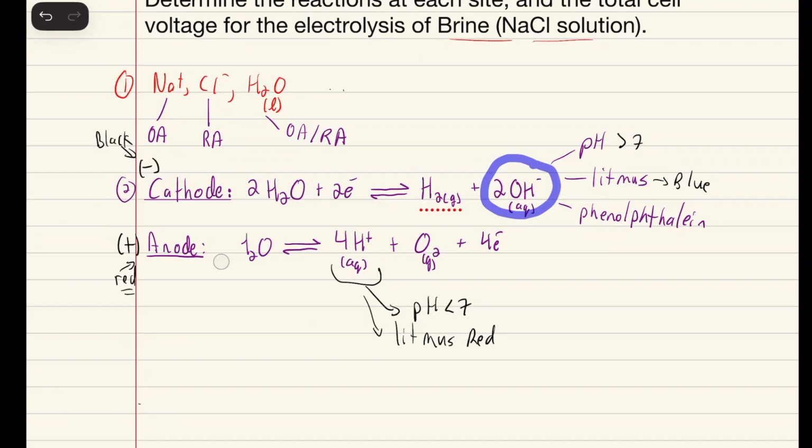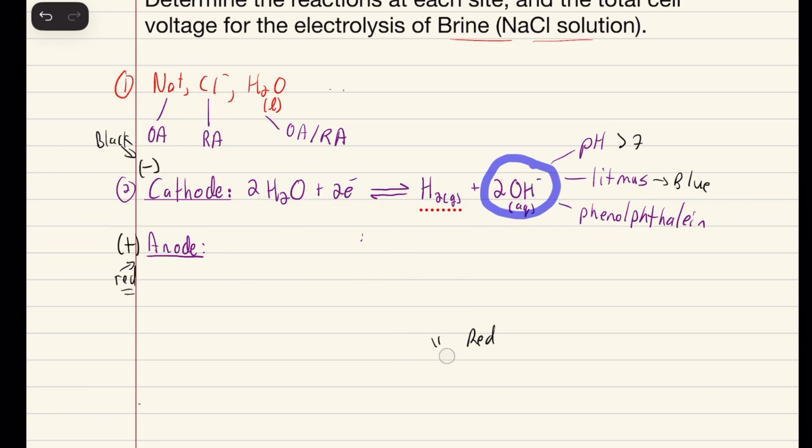And so we're going to erase this half reaction and we're going to write what actually got oxidized at the anode, and that would be the chloride anions here. And so when we calculate our cell voltage, we would have to use the oxidation of chloride anions value instead of the water as the reducing agent.